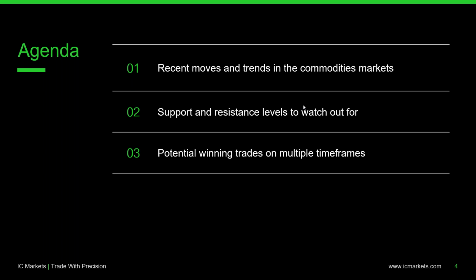And we're going to look out for potential winning trades on multiple timeframes. All of that is going to be taking place on the IC Markets platform. I tend to use MT5, so I'll just take you through to my MT5 platform here.